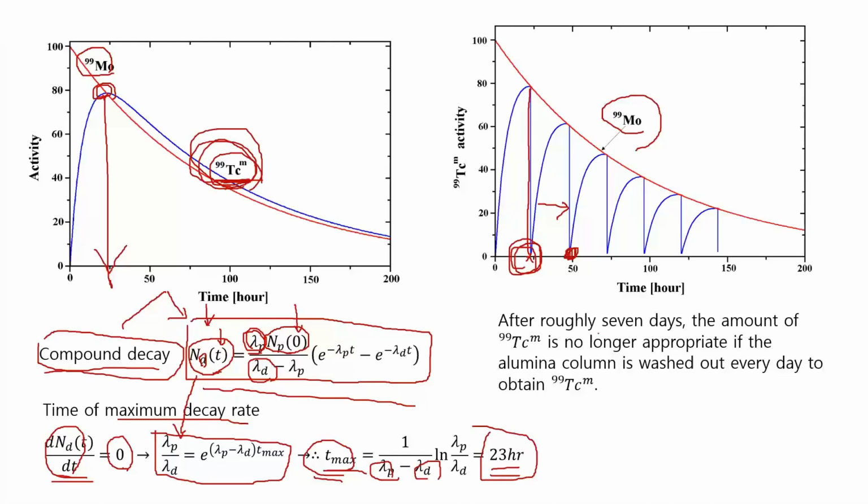So after roughly 7 days, the amount of Tc-99m is no longer appropriate if the alumina column is washed out every day. So after 7 days, we cannot obtain a sufficient amount of Tc-99m, so we have to return the column of the generator to the company to be recharged.